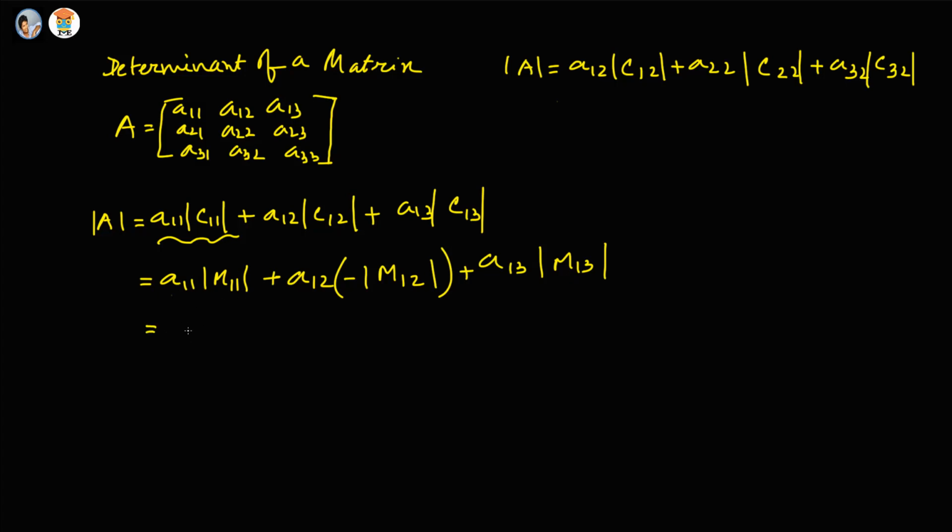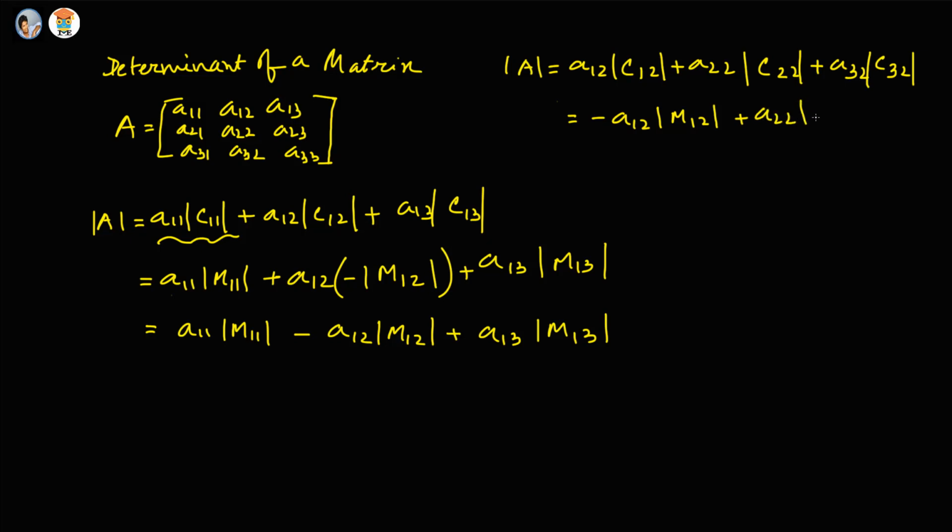So here we have A11 M11 minus A12 M12 plus A13 M13. And for the second column, this will be minus A12 M12 plus A22 M22 minus A32 M32.